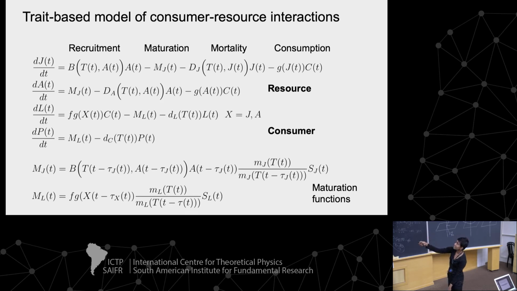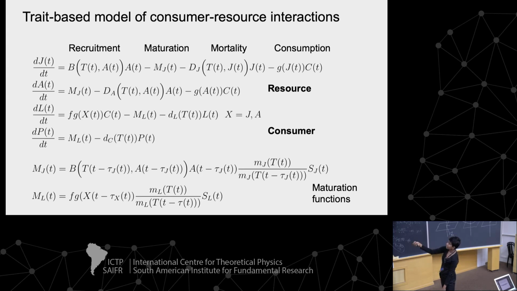If you look at the adult stage of the resource, the input is through maturation. Losses are due to mortality and also consumption by the consumer. Remember, the consumer can attack the juvenile stage. Then these are the juvenile and adult stages. The input to the consumer larval stage occurs through consumption of the resource, which gets translated into larval production.